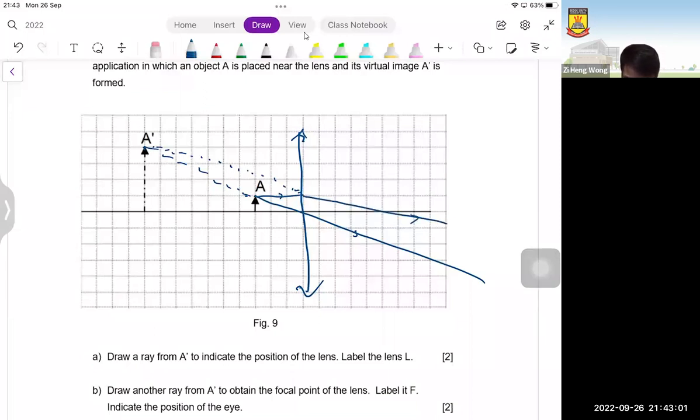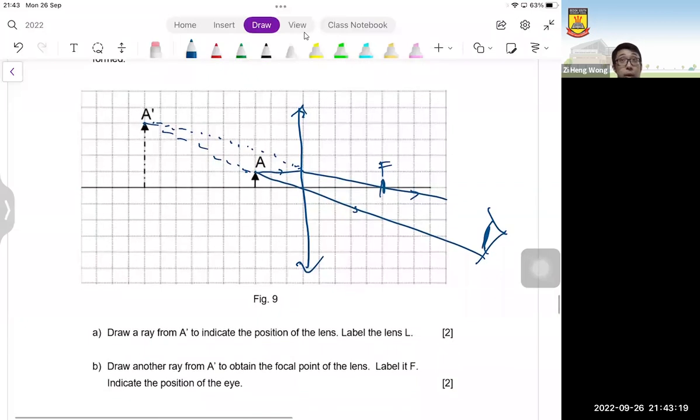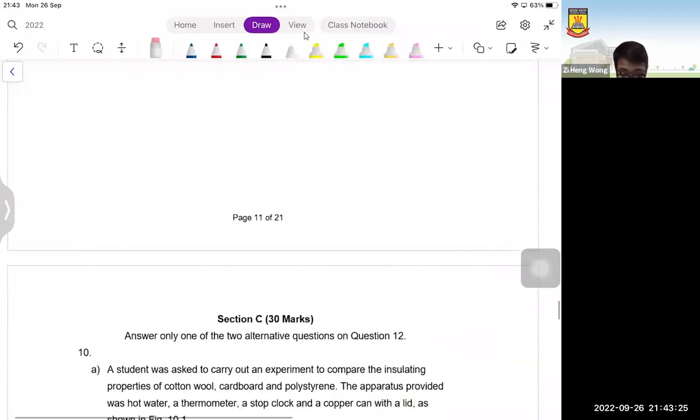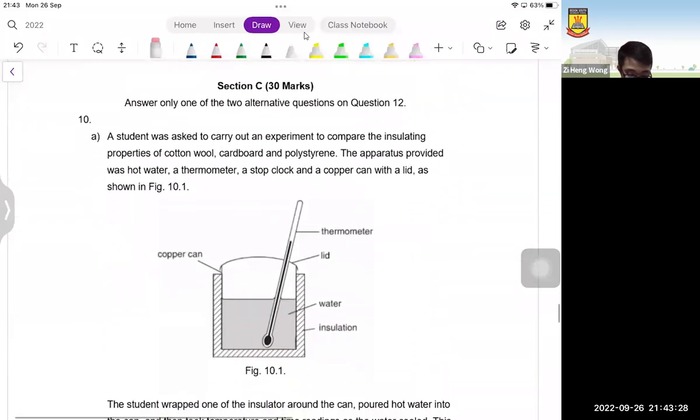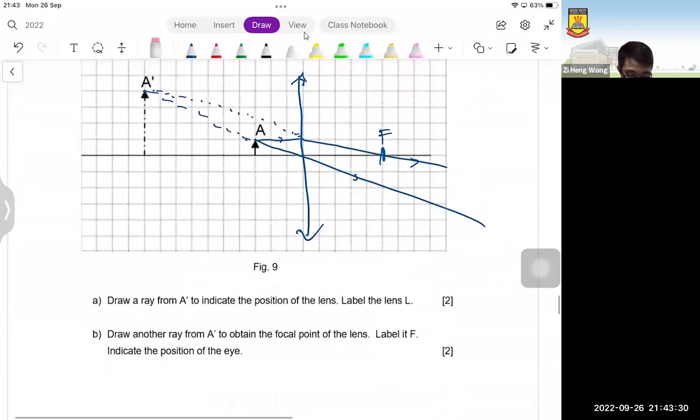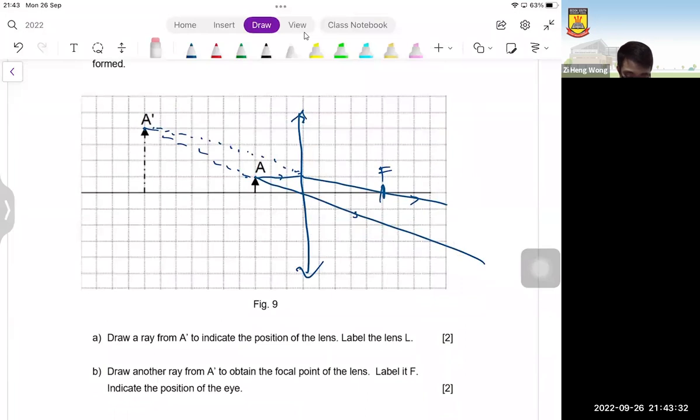Wherever they intersect, this will be my focal point. Indicate the position of the eye. Ta-da, that's all.